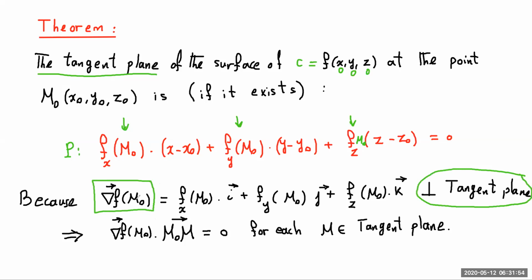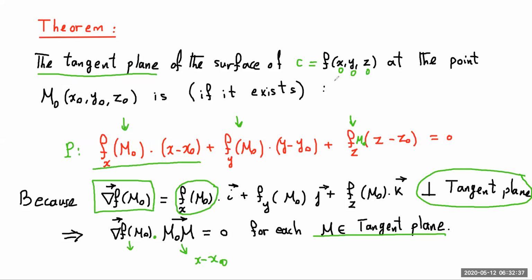So if I take the inner product of the gradient with the vector M0M, where M is any point on the tangent plane, this inner product will be 0 because they are orthogonal. And after that, we get the formula. The x component of the gradient is the partial derivative of f with respect to x, and the x component of this vector is x minus x0, where x is the x of the point M. So we will have this term plus etc.